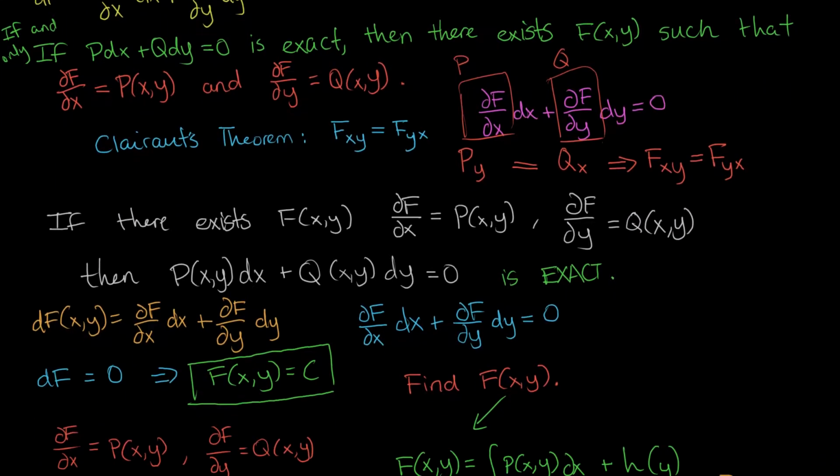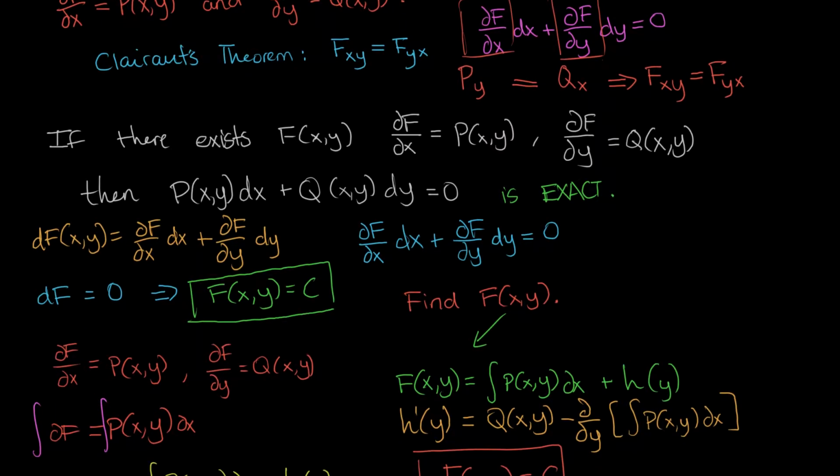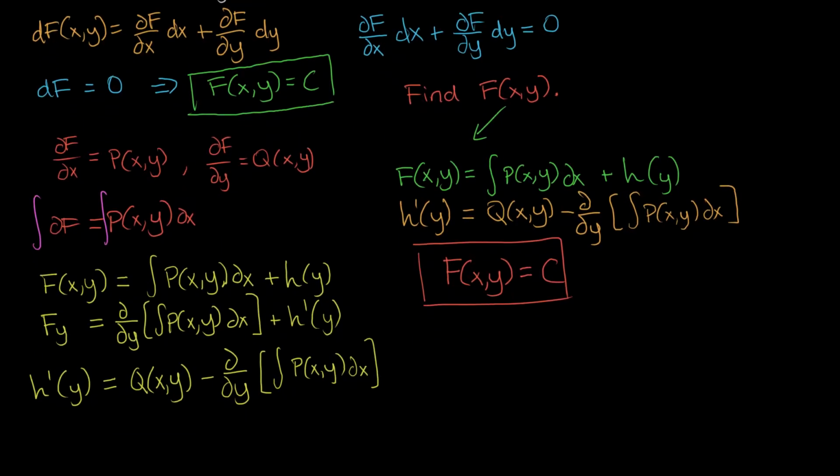And so we know, okay, if the mixed partials are equal, there is a function so that the partial with respect to x of it is that p of x y, and the partial with respect to y is q of x y. We don't know what that function is, but we can classify the differential equation now as exact. Once it is exact, we can use a fact.